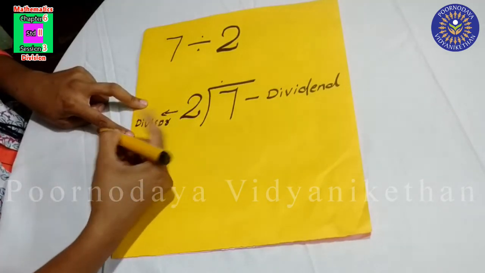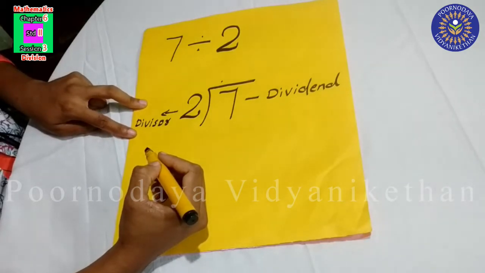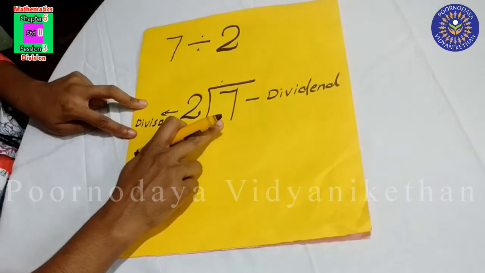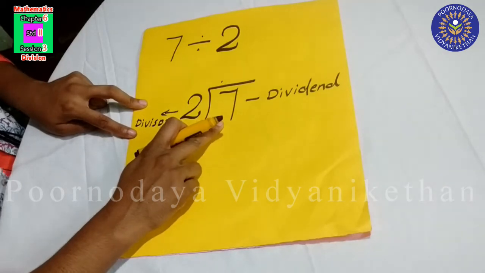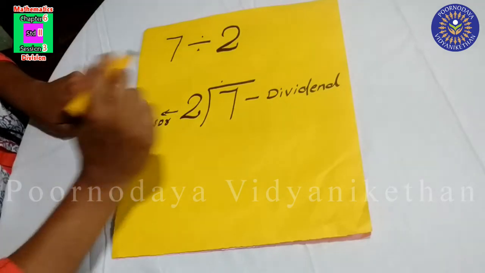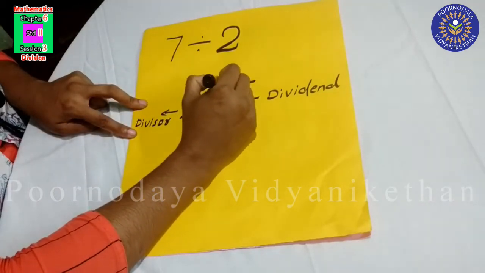Then 2 1s are 2. 2 2s are 4. 2 3s are 6. 2 4s are 8. 8 is greater than 7. So we can't write 4 here. So what can we write? 2 3s are 6.